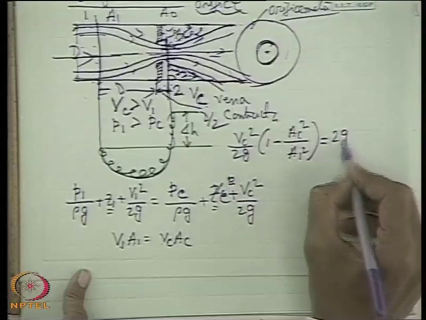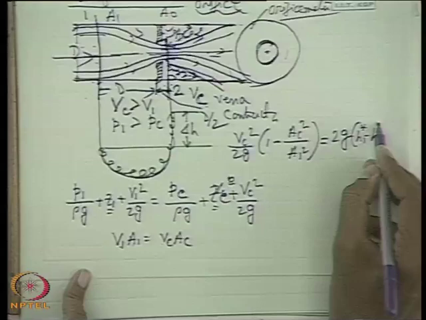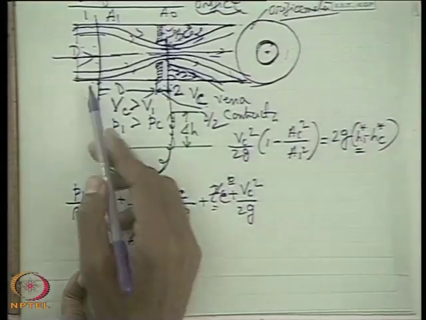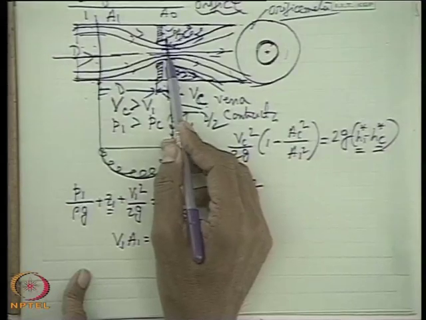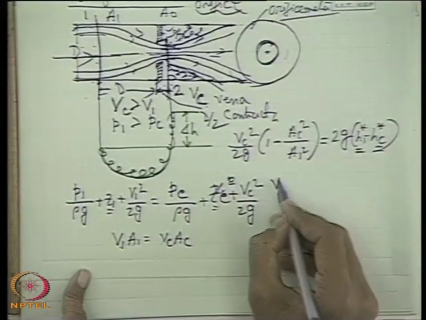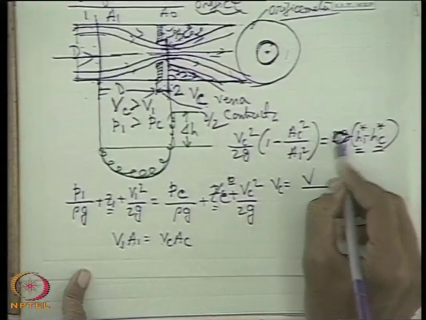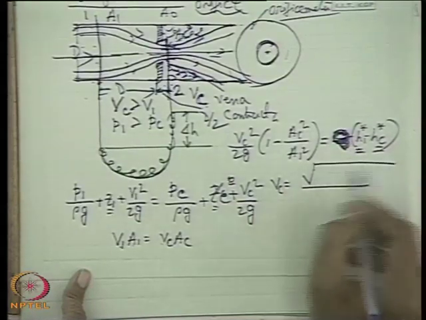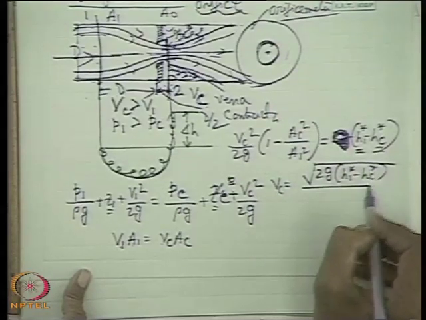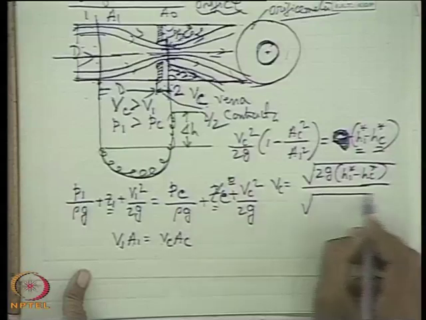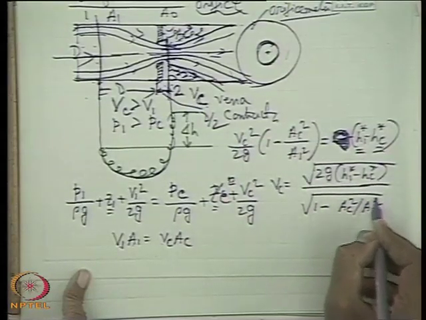is equal to, from P1 by rho g, that means I write H1 star minus HC star. What is this? This is the piezometric pressure head at the section 1, this is the piezometric pressure head at the section C. So that means VC is equal to root over 2g into H1 star minus HC star divided by root over 1 minus AC square by A1 square.